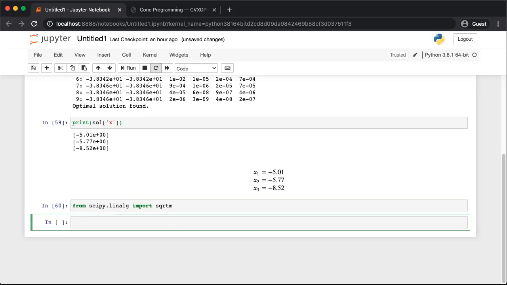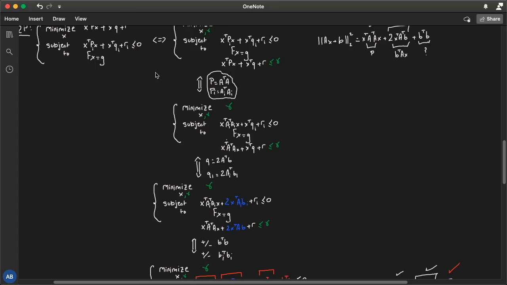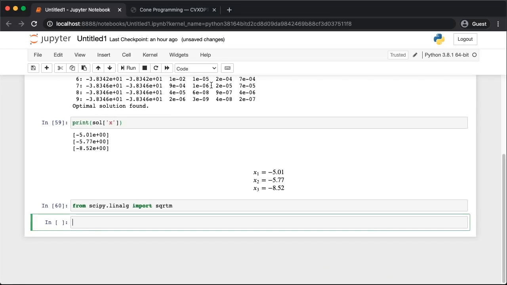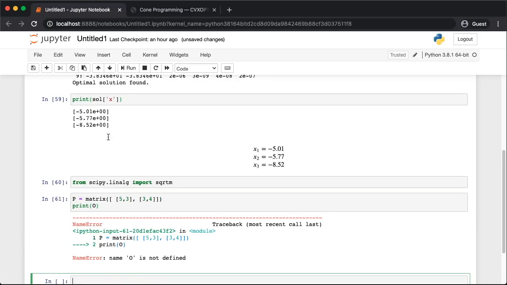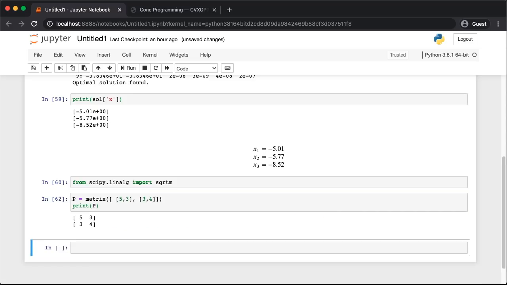So if you've got, let's say, a P that is [5, 3], [3, 4], let's print the P to see. Okay, so this is your P.